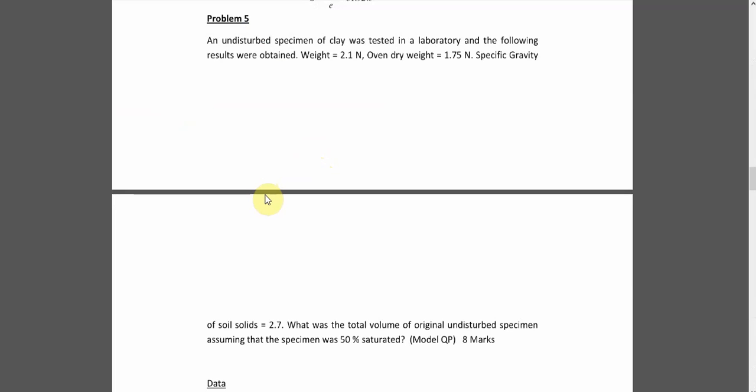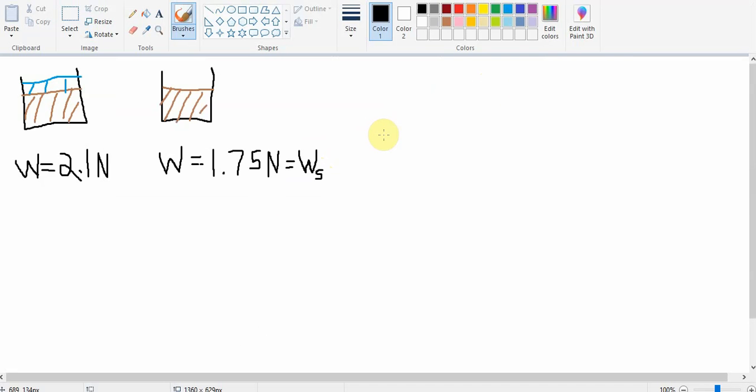Next, specific gravity of soil solids is 2.7. Question: which experiment do you conduct to find out specific gravity? Which experiment is conducted to find specific gravity of soils?